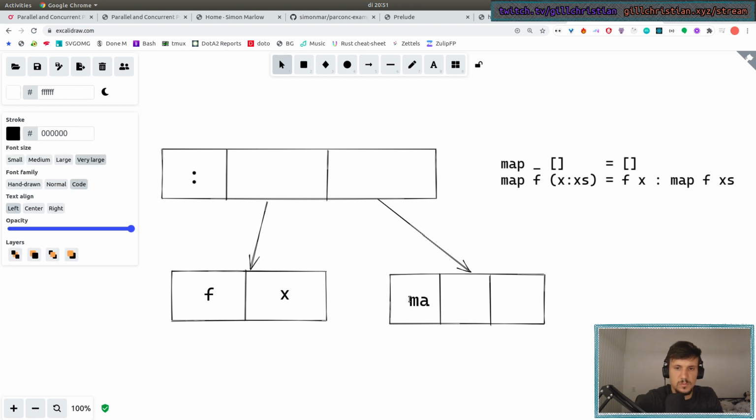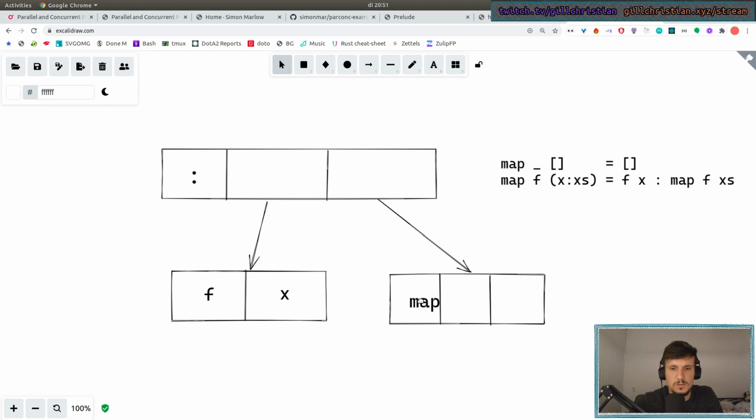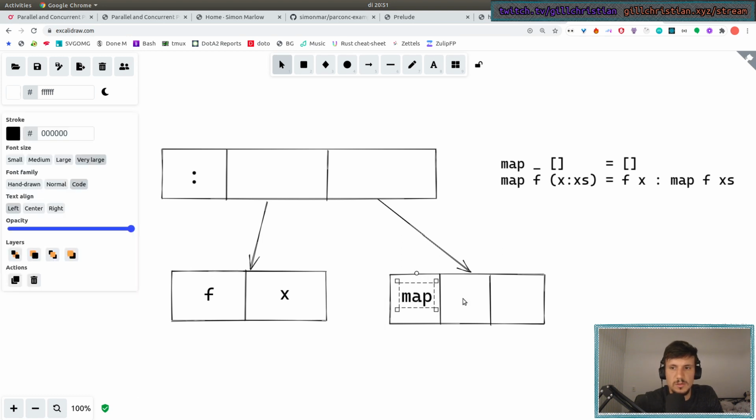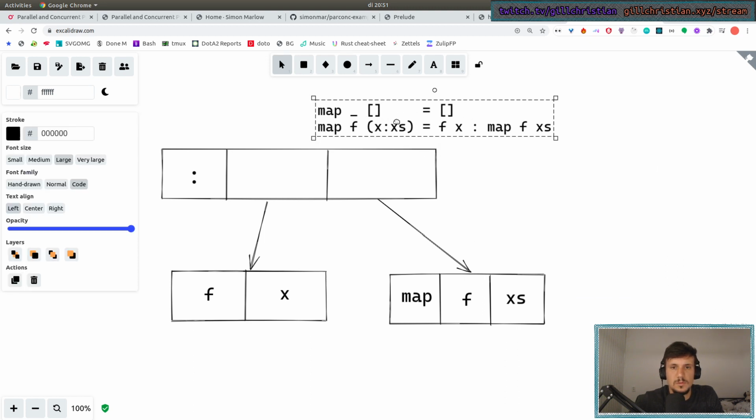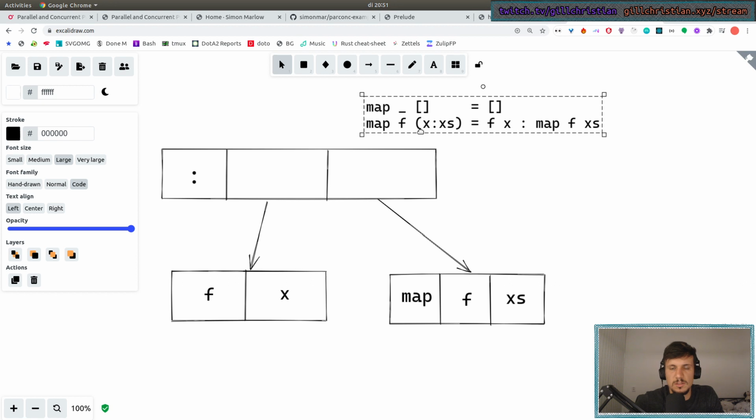So these are thunks that are built. Right. In the second case.